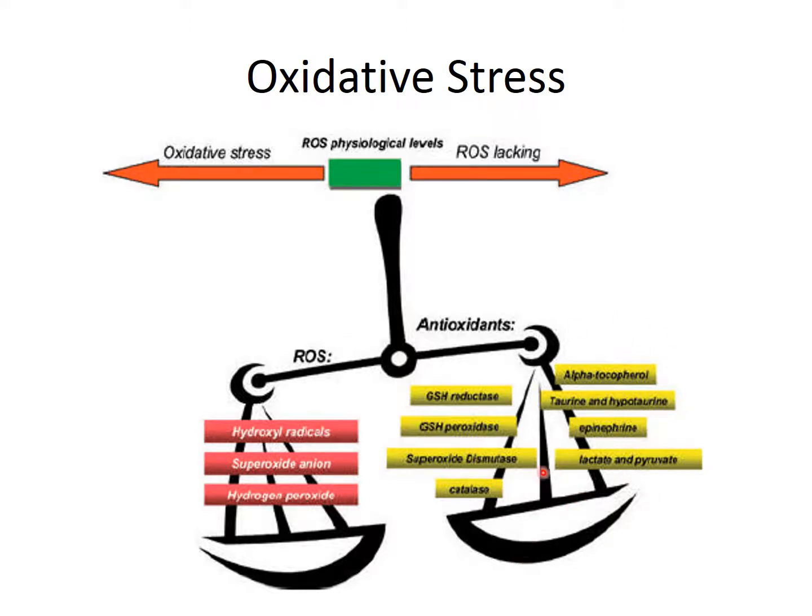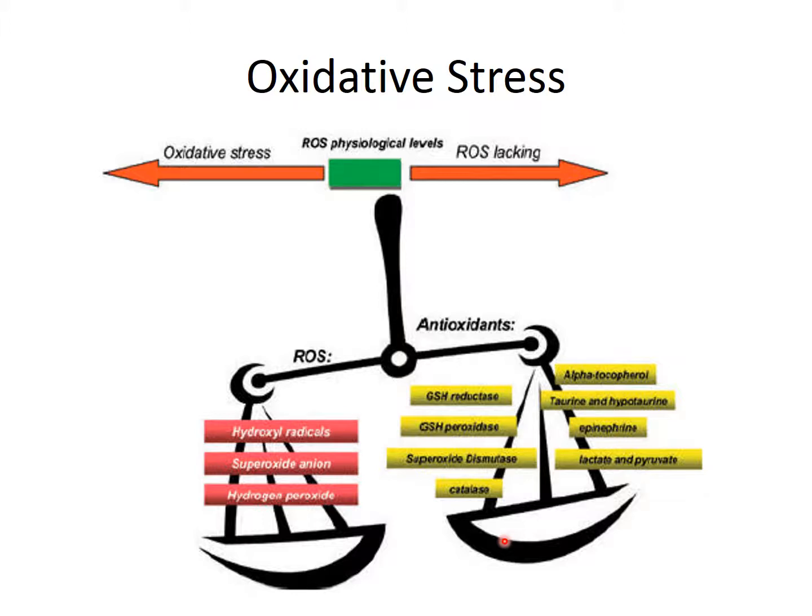What this results in is that it shifts the balance towards a lot of free radicals being unneutralized, and this situation also leads to oxidative stress. So oxidative stress is a condition where either the production of free radicals is very high or the availability of antioxidants is low. This is called oxidative stress.